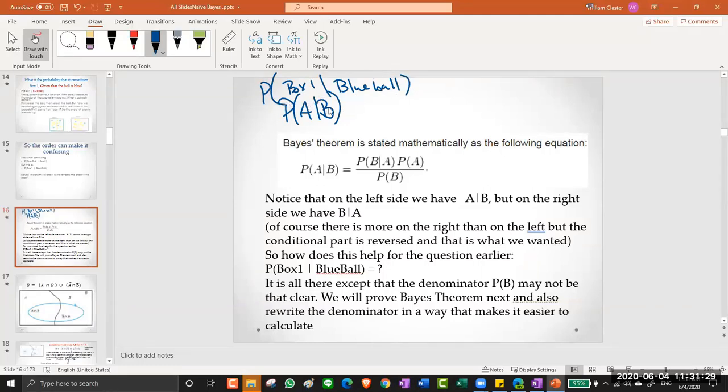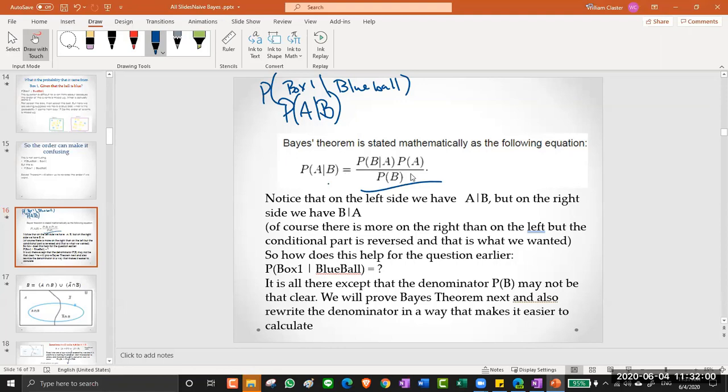We don't really know how to go about answering this. But if you look at what's on the right-hand side of Bayes' theorem, do you have A given B? B given A. Yeah, you have B given A. So it allows you to change from A given B to B given A, so it might make it easier.